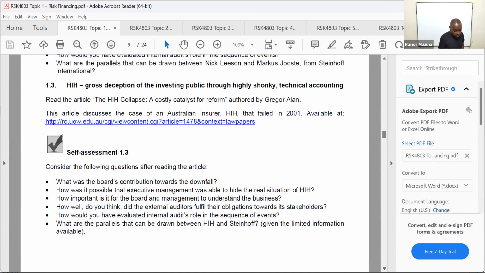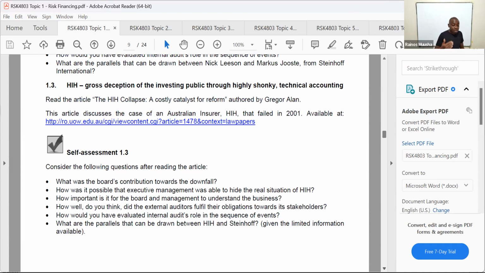Then there's also another company, HIH, which was an insurance company. They're giving you a brief background of exactly what led to the fall of HIH. I think it was an Australian company, an Australian insurer.